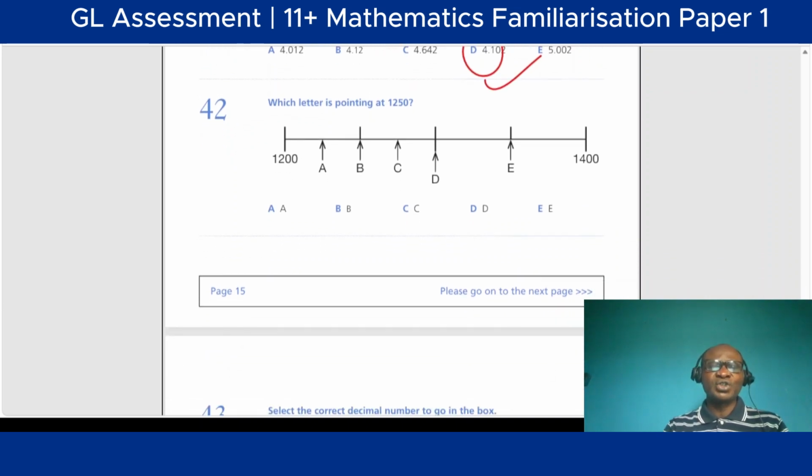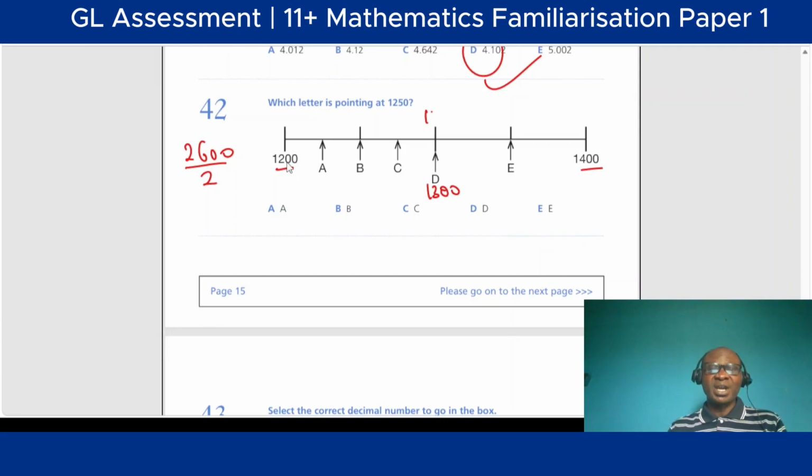Question number 42. Which letter is pointing at 1250? The beginning number is 1200 and the ending number is 1400. So we are going to add the two of them. 1200 plus 1400 gives us 2600. We divide it by 2 to know the center. That should be 1300.